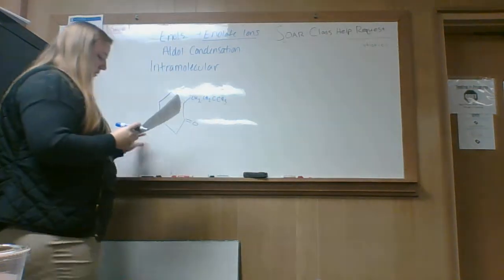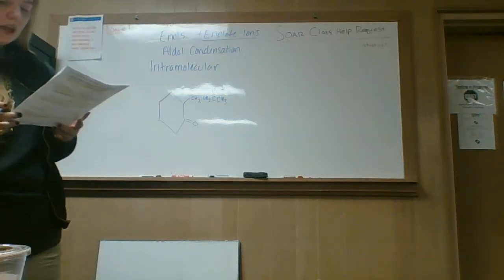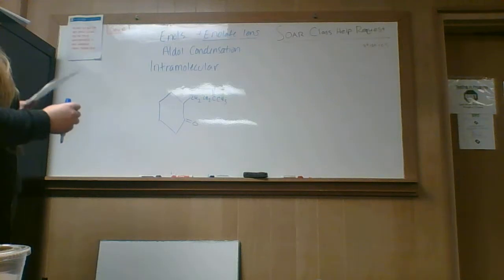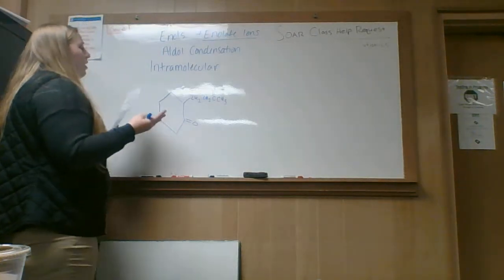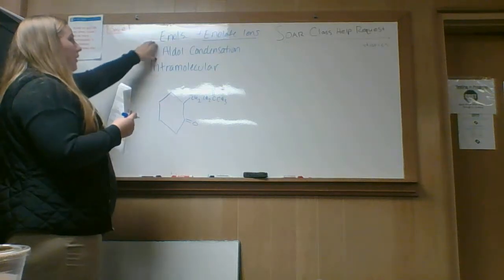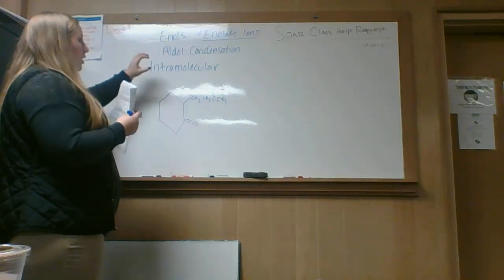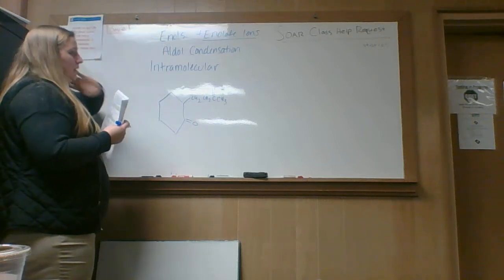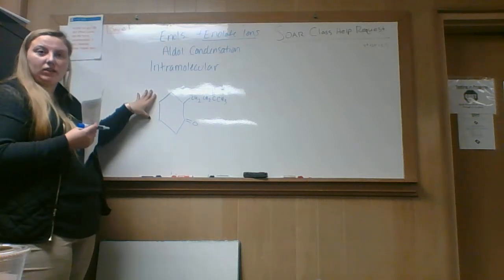This is going to be our starting product. Whenever you have an intramolecular reaction, compared to another reaction, the starting products for the aldol condensation have to be present on one molecule.